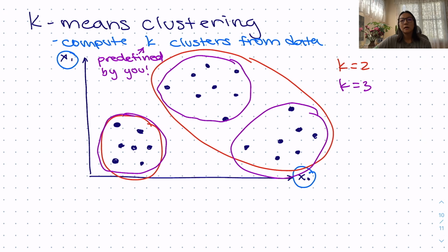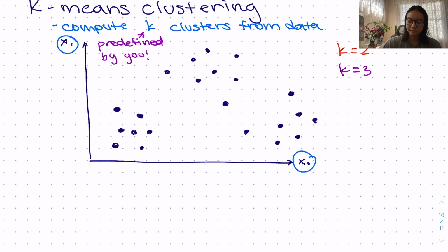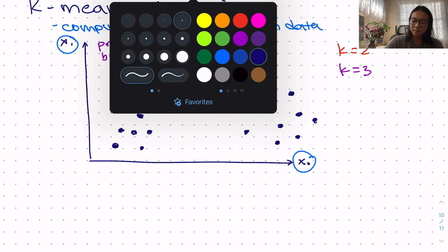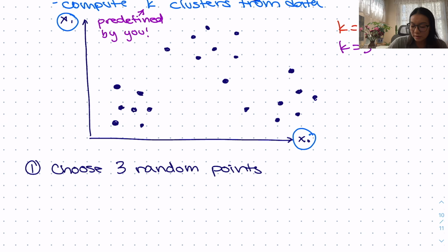All right. And let's discuss how the computer actually goes through and computes the k clusters. So I'm going to write those steps down here. The first step is that the computer chooses 3 random points on this plot to be the centroids.